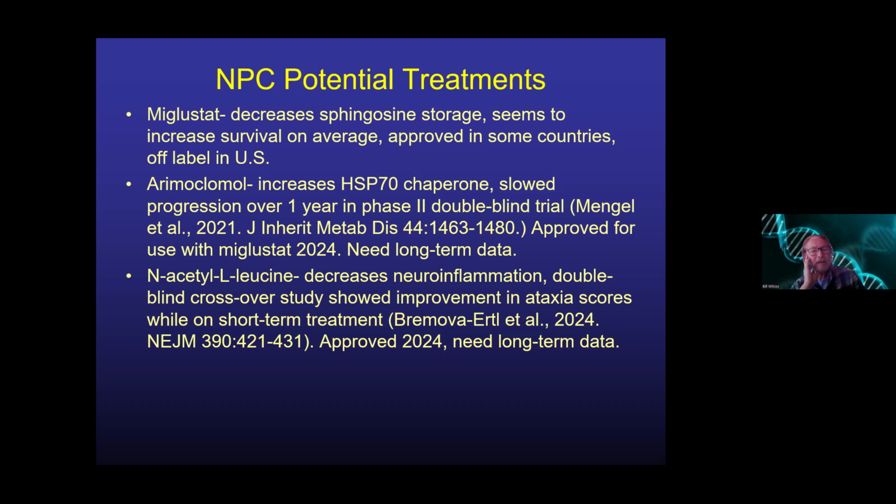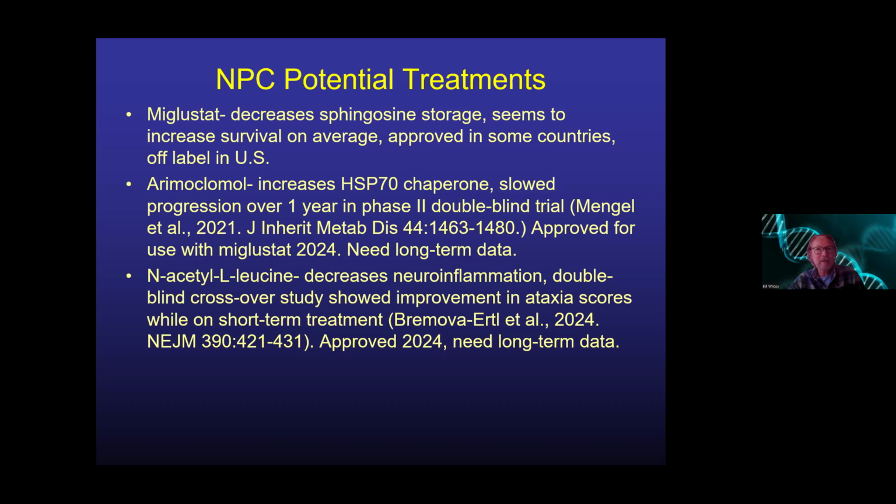Another drug that got approved is N-acetyl-L-leucine. Through an unknown mechanism, it decreases neuroinflammation. In a double-blind crossover study, it showed improvement in ataxia scores during their short-term 6-month treatment. When the people who were on treatment switched to the placebo arm, they got worse again.